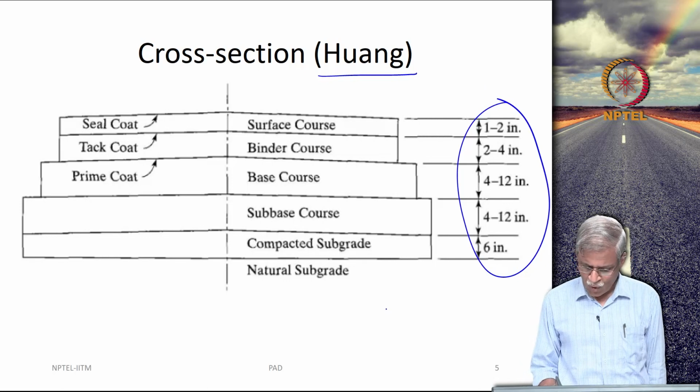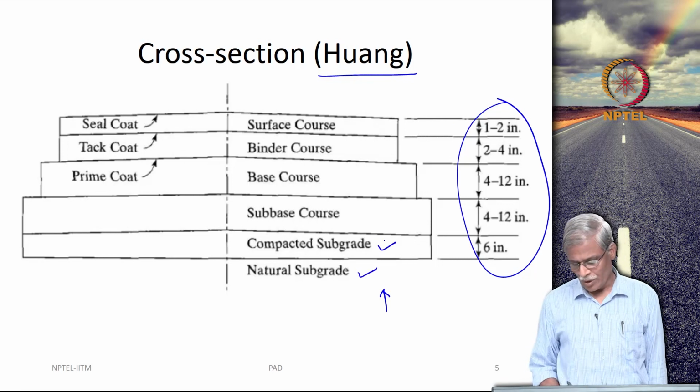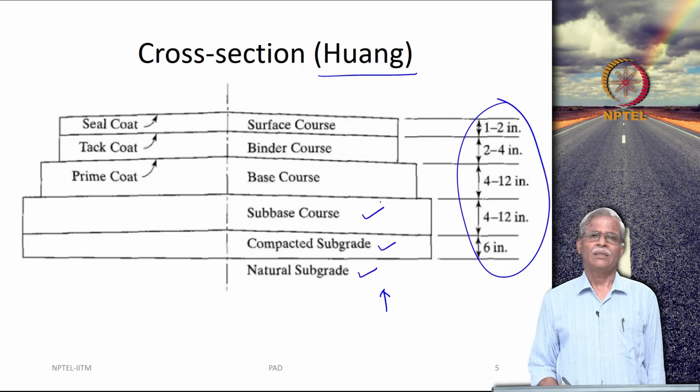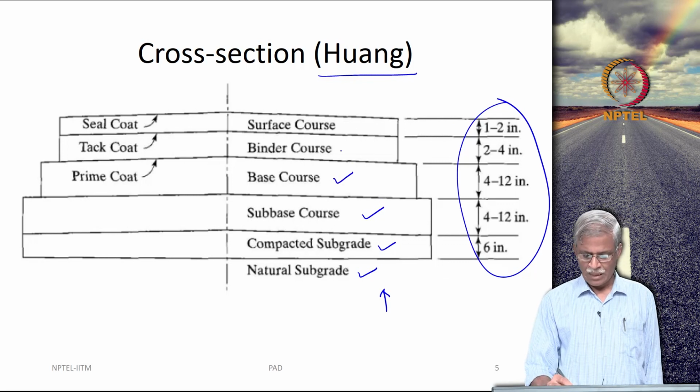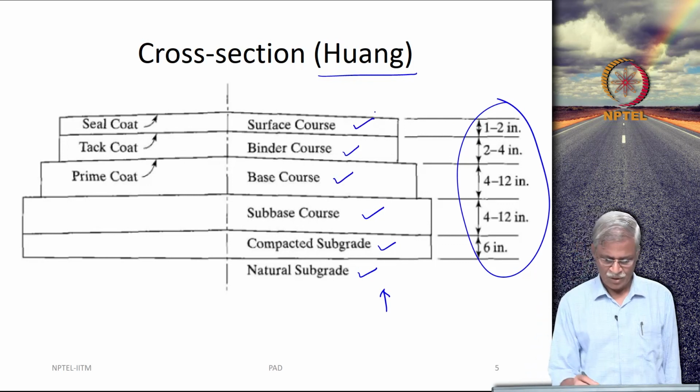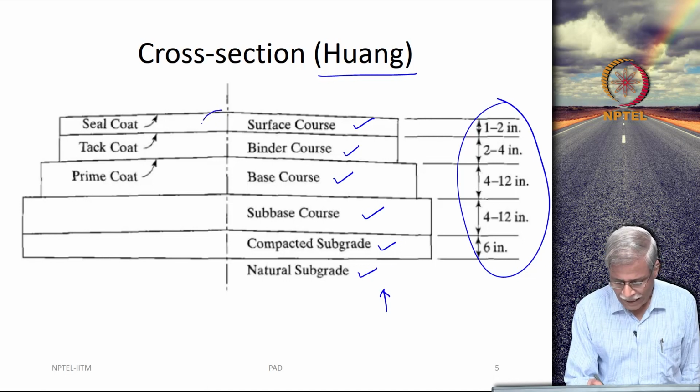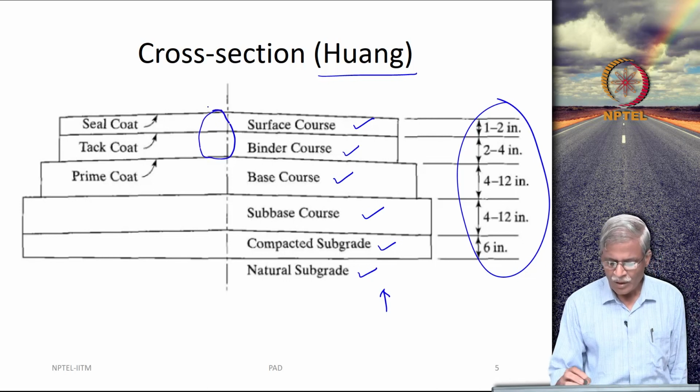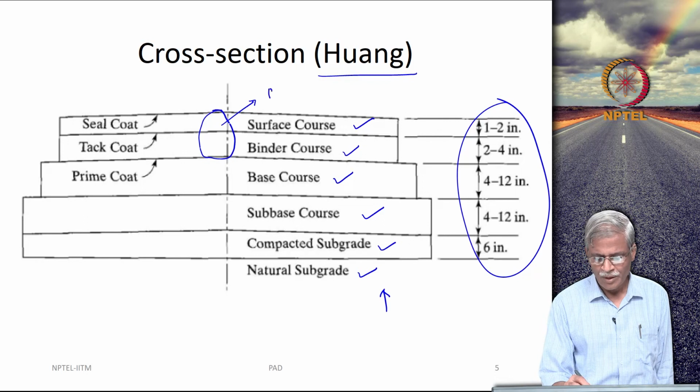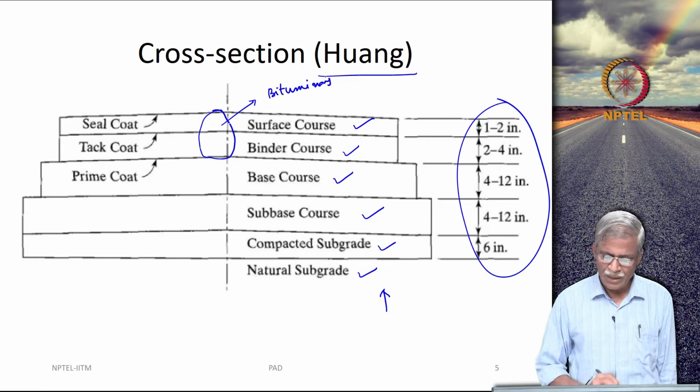If you go from the bottom, you are talking about a natural subgrade, then a compacted subgrade, a subbase, a base, a binder and a surface. Now, these two layers are bituminous in nature predominantly.